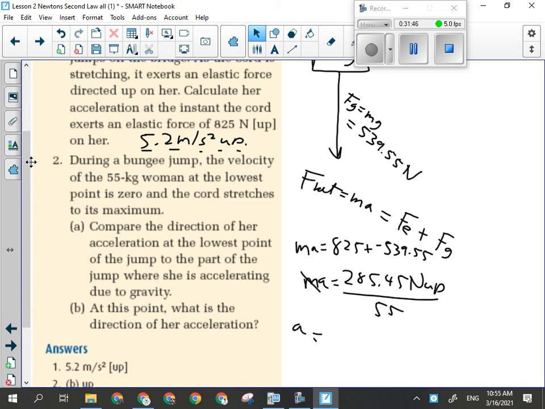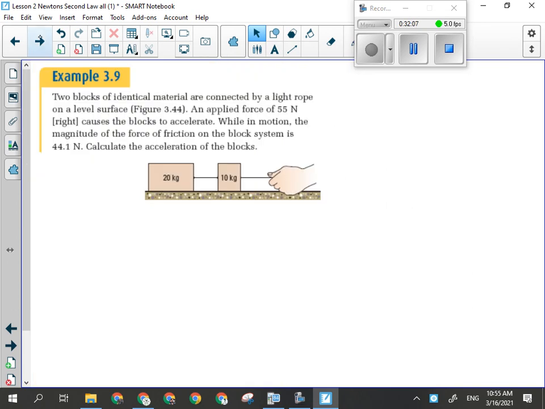Up. The cord is pulling up its maximum amount there. That's where her maximum acceleration occurs, at the point where the cord is stretched the most. Whereas when she's falling, in pure free fall, her acceleration is downwards. I don't know why they asked that twice. It's the same thing.